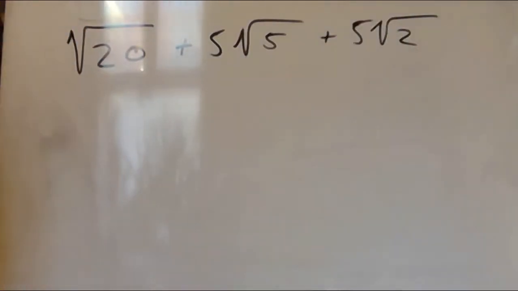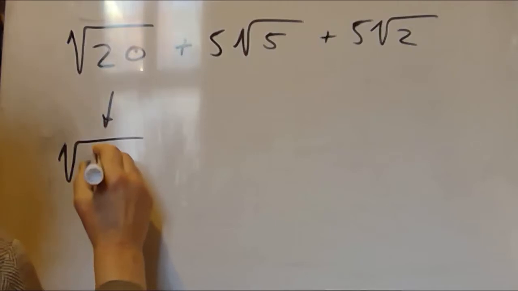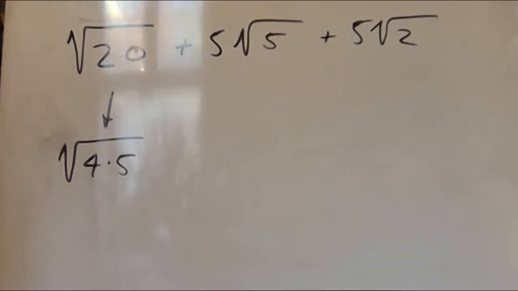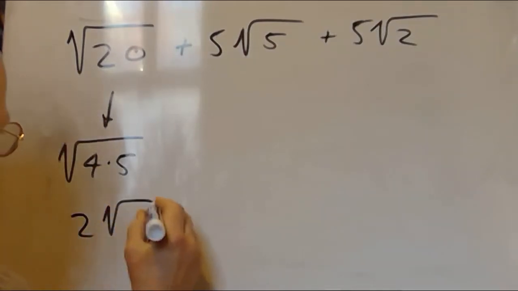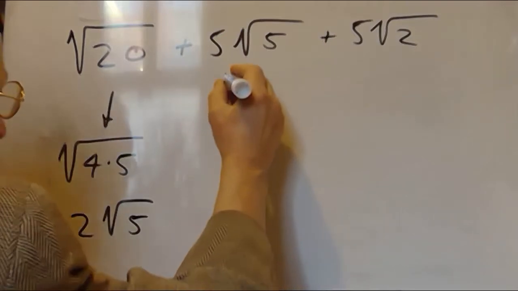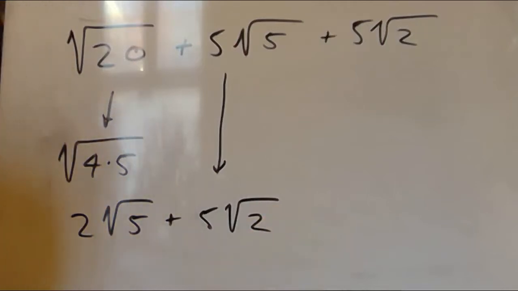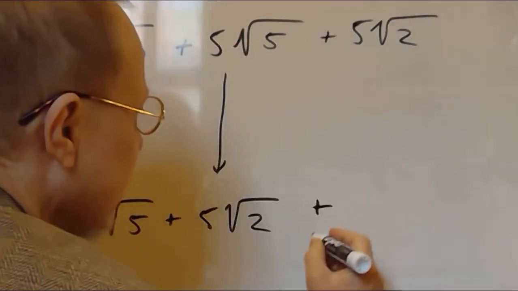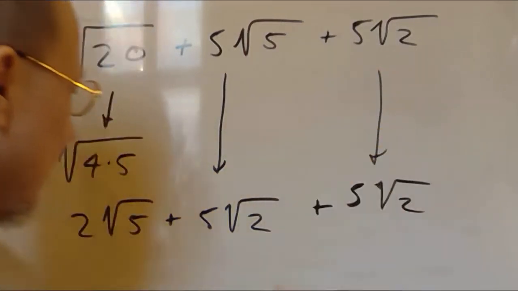Now here's a situation where you have to actually do some simplification. So 20 I can simplify because there's a perfect square hidden in there, and that is 4. So 4 times 5 will give me 20, and that means that I can pull out the 4 and get 2 square root of 5 here, and then I can add that plus 5 square root of 5, but in this next part, 5 square root of 2 remains.